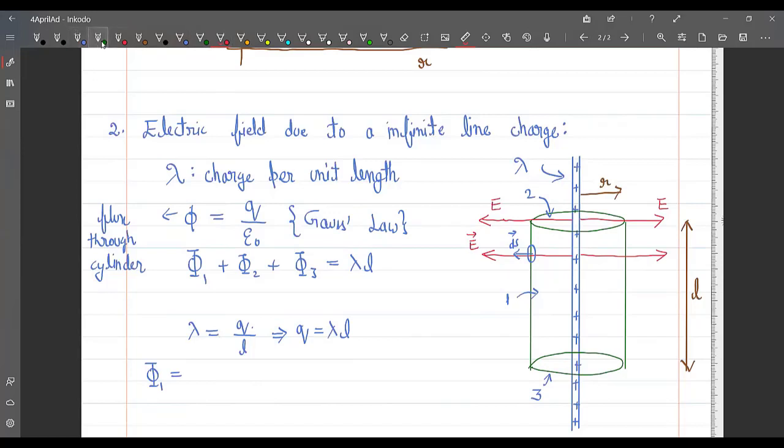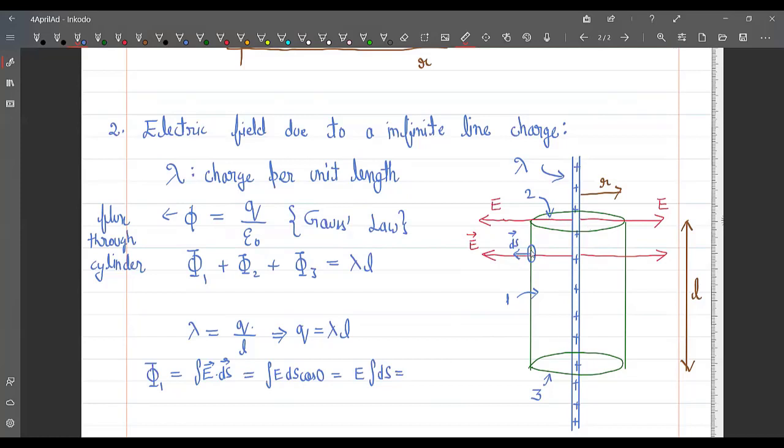So flux will be summation of E dot ds. I'm not drawing a closed region because the curved surface is not closed. So E dot ds will be again E ds cos 0. E is a constant, so it will go outside. That will give me E into ds.